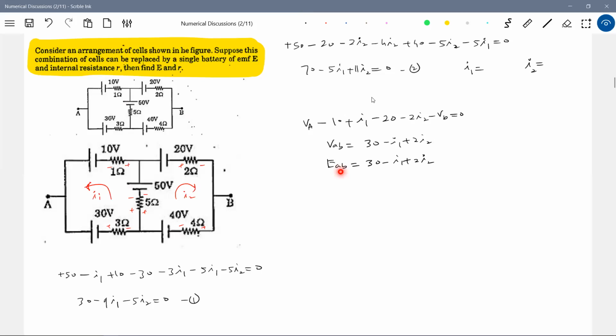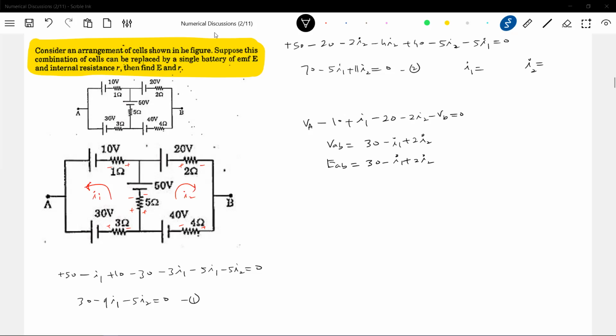Okay, anybody have the value of I1, I2? Everybody just solve I1 and I2.